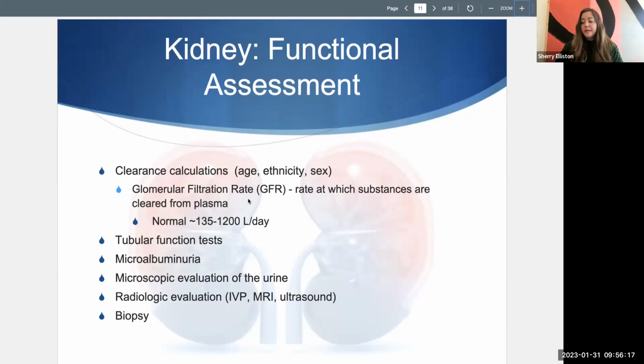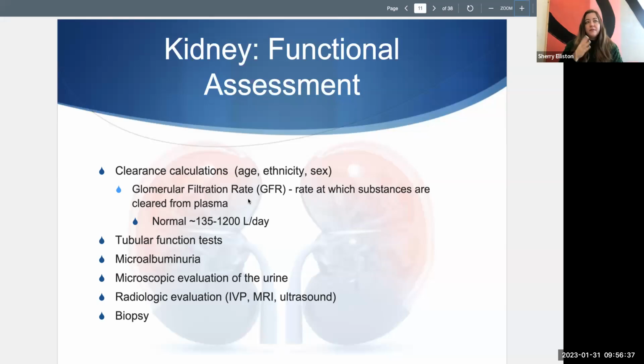So the GFR is our main lab value that we use to monitor how well the kidneys are working. There are different functional assessments that you can do, and if you're a nephrologist, which is a doctor that specializes in the kidneys, these would be labs that you would run consistently on patients.